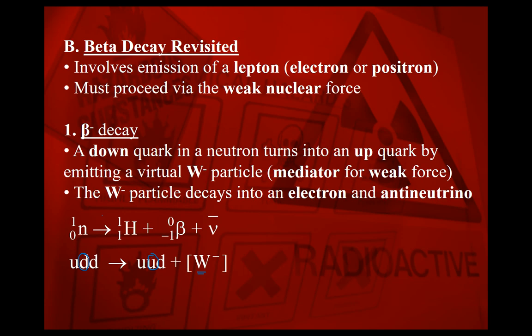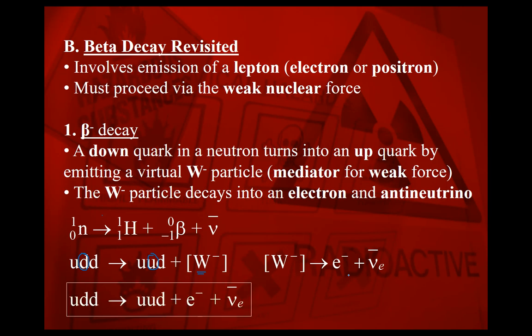So that's responsible for turning a down quark into an up quark. Now, after this W negative particle does its job, it then decays. And what it decays into is an electron and an antineutrino, which we often refer to as an electron antineutrino because it accompanies an electron.